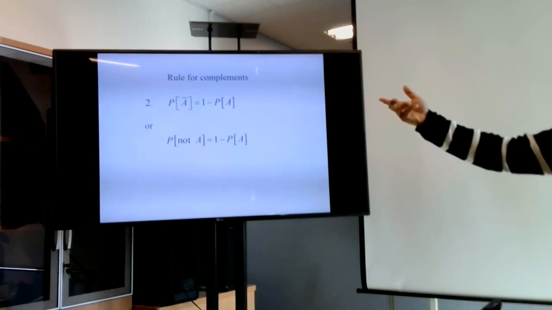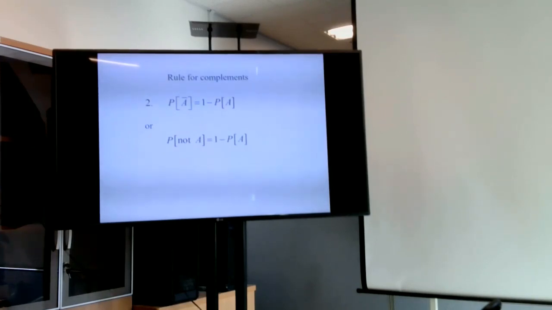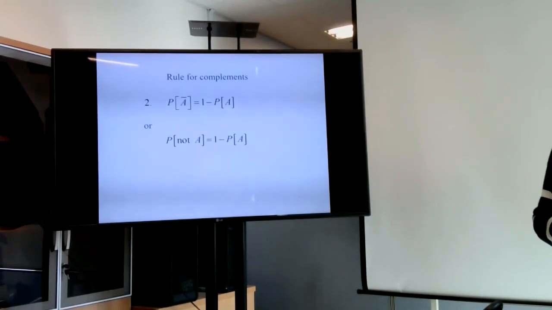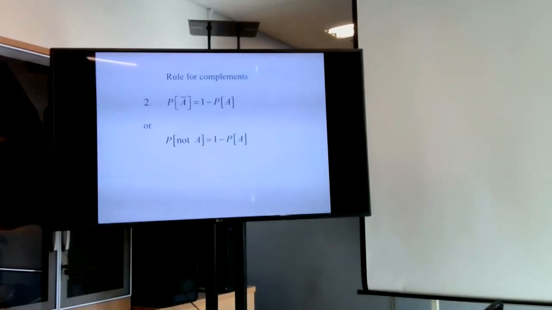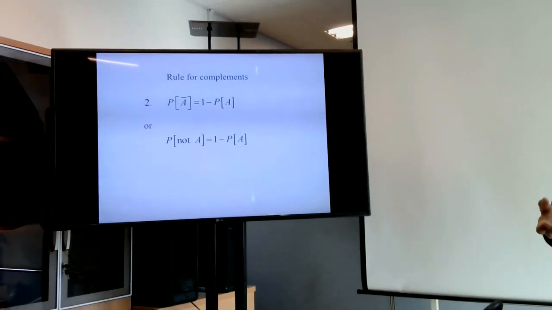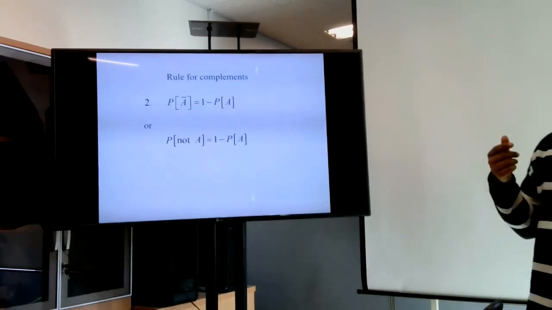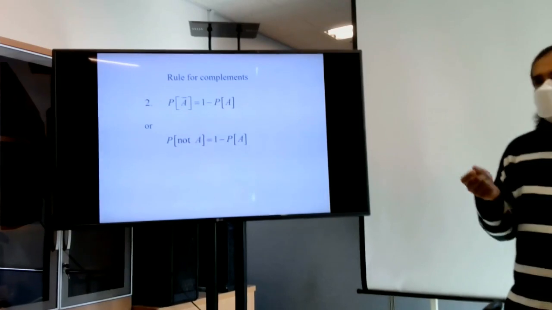Suppose this is a target A, so either target A can occur or it cannot occur. In the simplest case there is only one event. We are finding only one target, so there is only one event.